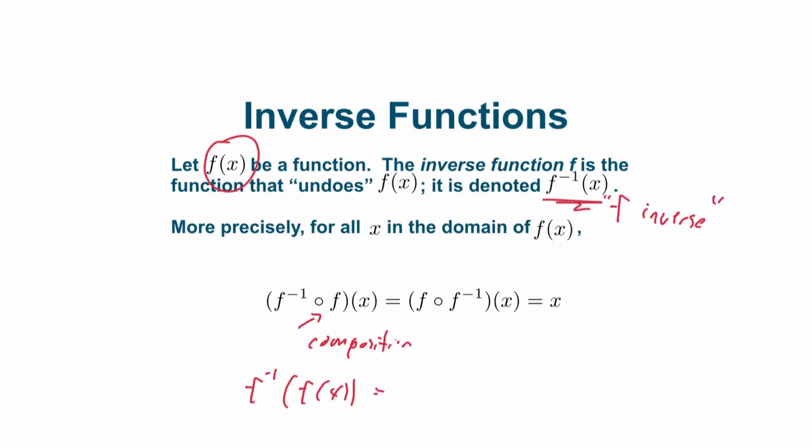That should be equal to f of f inverse of x, and that should output x. So in other words, f inverse undoes f. So it's a way of saying, given my outputs, how do I recover the inputs that I had?